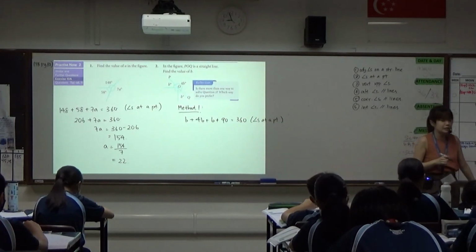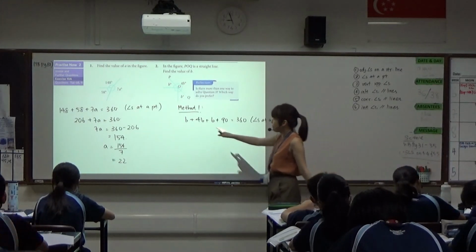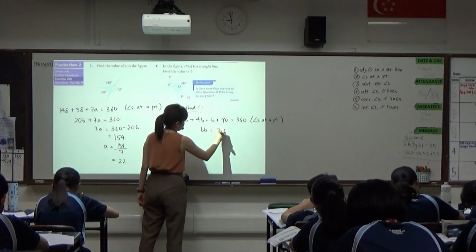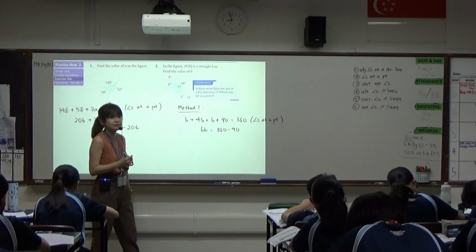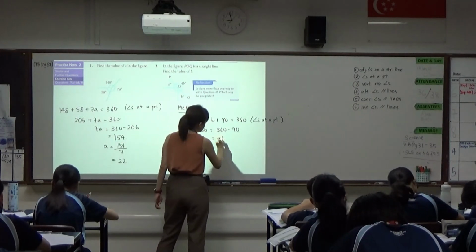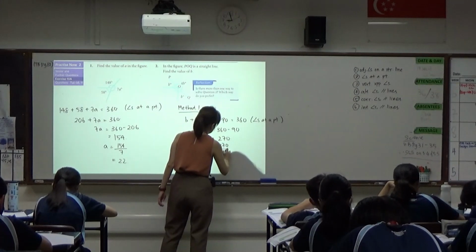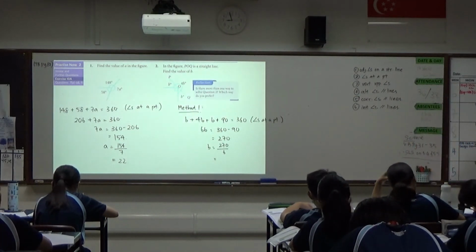So if I want to apply the angles at a point property, this will be how I will write it. Whereby 4 plus 1 plus 1, I will get 6b over here. 90, I bring it to the right, so I have 360 minus 90, and that is 270. So I'll find b equals to 45.